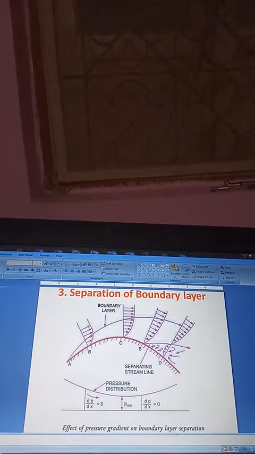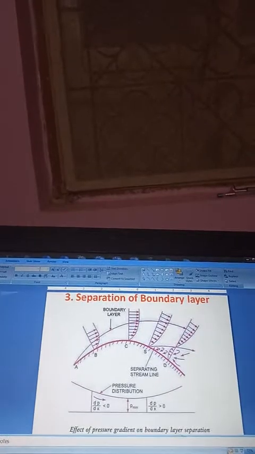Because of this wake formation there is uneven pressure distribution, some movement happens at the back end of the surface, and the body starts wobbling. Because of that, separation of the boundary layer is not a favorable condition.